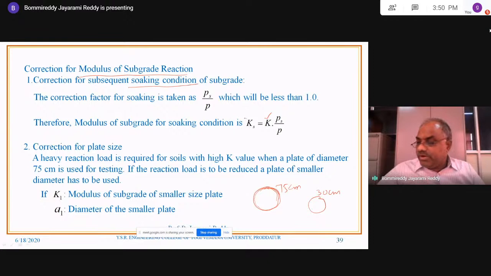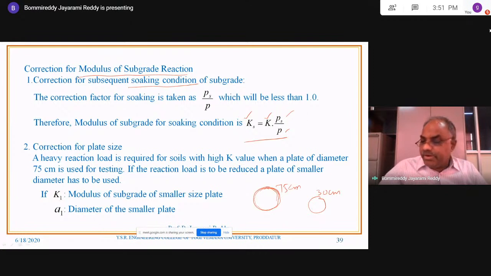And for the soaked condition, Ks, modulus of subgrade for soaked condition, Ks will be equal to K into Ps by P. So here you need the pressure under normal condition and pressure under soaked condition. So in the examination, the possibility of questions is that three of the four parameters may be given. The fourth parameter may be the unknown parameter to be computed.